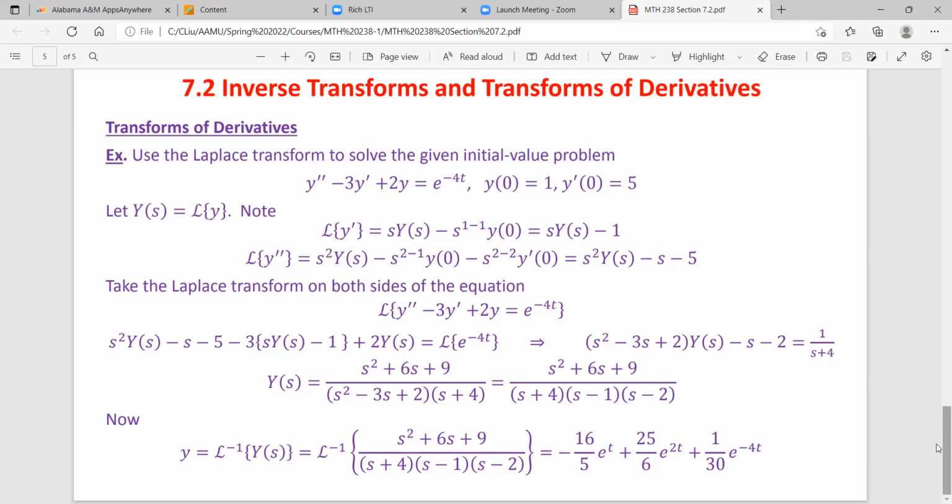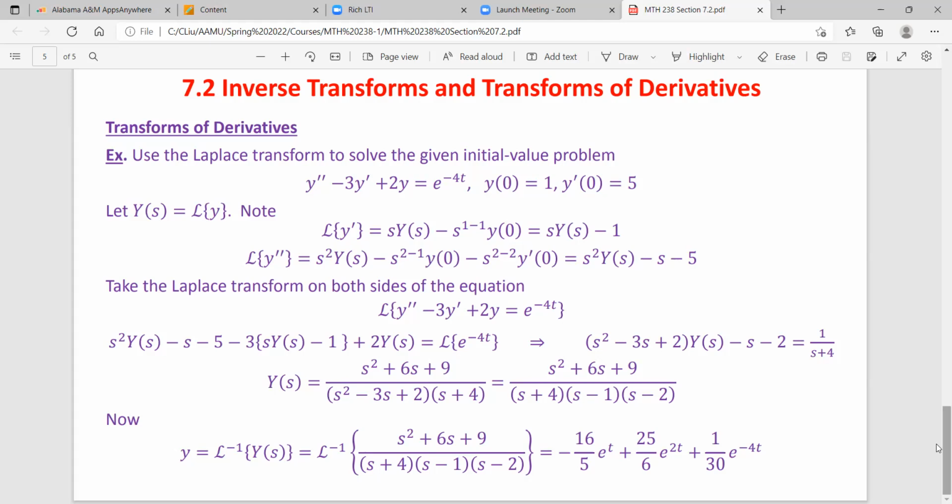I'm not going to show the details of that fraction. You get a fraction using the least common denominator s plus 4, and then you divide by s squared minus 3s plus 2 on both sides. At the end, Y of s equals s squared plus 6s plus 9 over s squared minus 3s plus 2 times s plus 4.